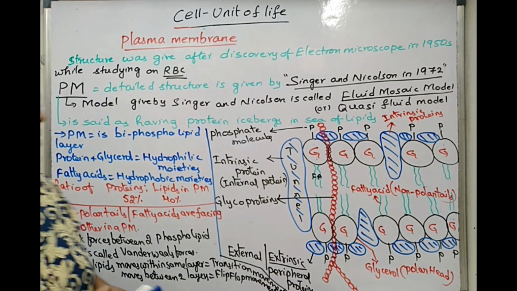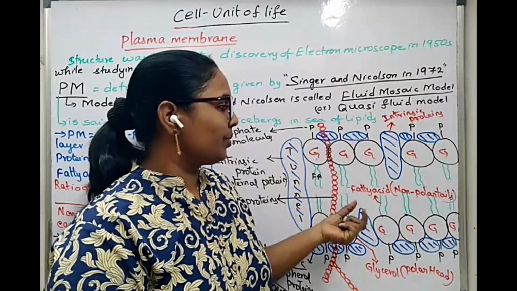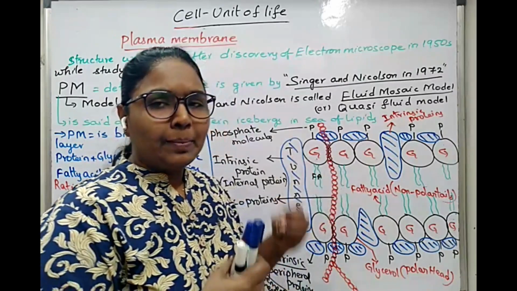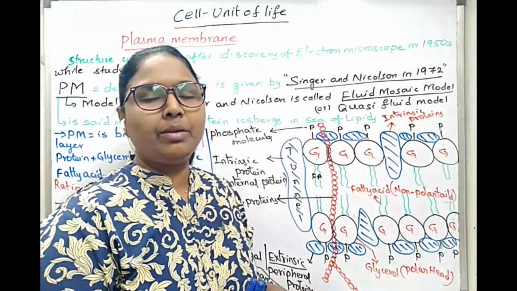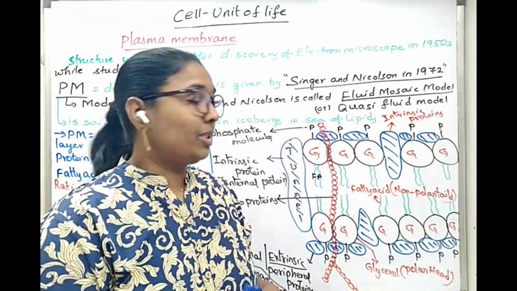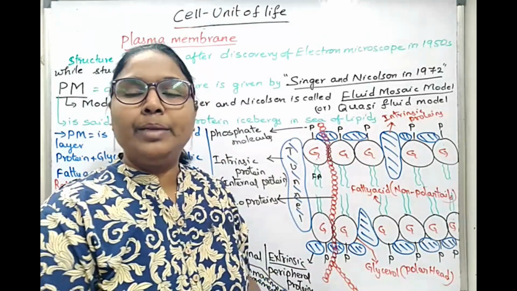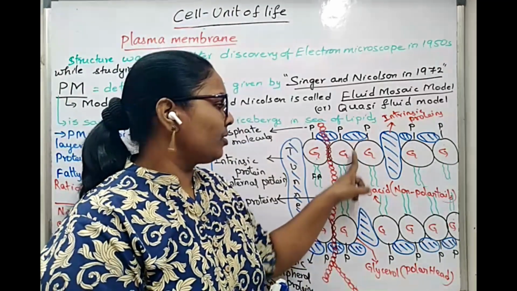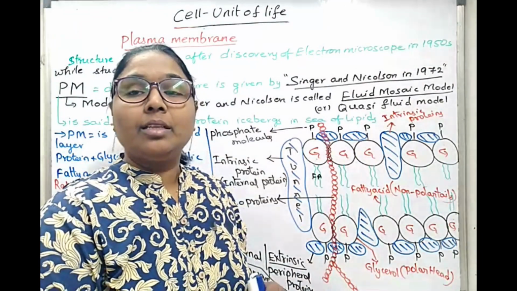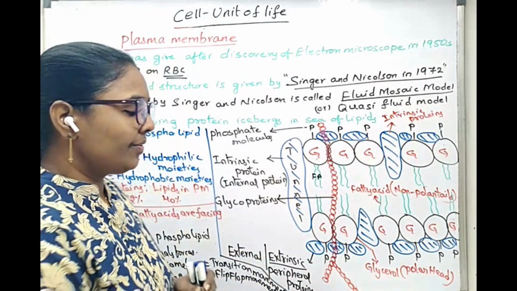Next. For the existence of these internal proteins or intrinsic proteins, there must be some pores, because plasma membrane should allow some of the particles, as it is selectively permeable or semi-permeable. For that, there must be some gaps to allow the mineral ions, etc. Such types of structures or gaps are called as pores. That pore size in a plasma membrane varies from cell to cell.